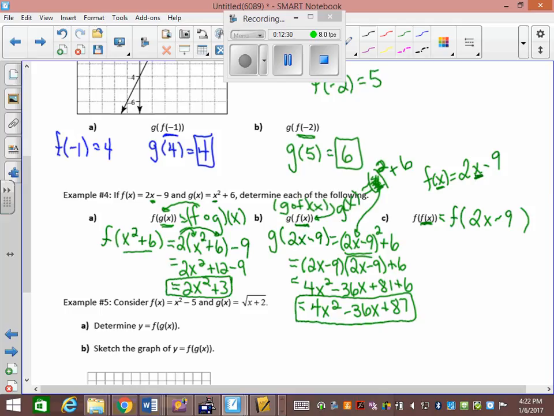So this x here is going to get replaced with 2x minus 9. So I'm going to get 2, because the 2 stays, 2x minus 9, bracket, minus 9. And so I get 4x minus 18 minus 9 equals 4x minus 27.